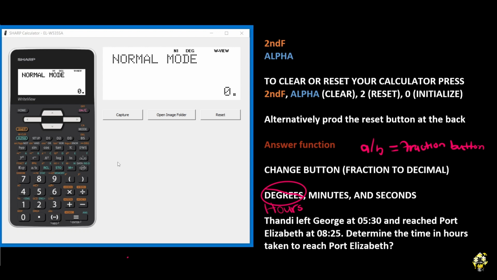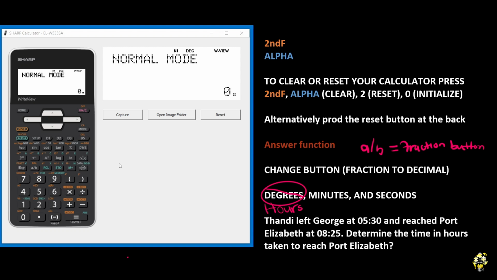Well, let's go to this question. Tandy left George at 5:30 and reached Port Elizabeth at 8:25. Determine the time in hours. That's important. We are not just determining the time, we are determining it in hours taken to reach Port Elizabeth.